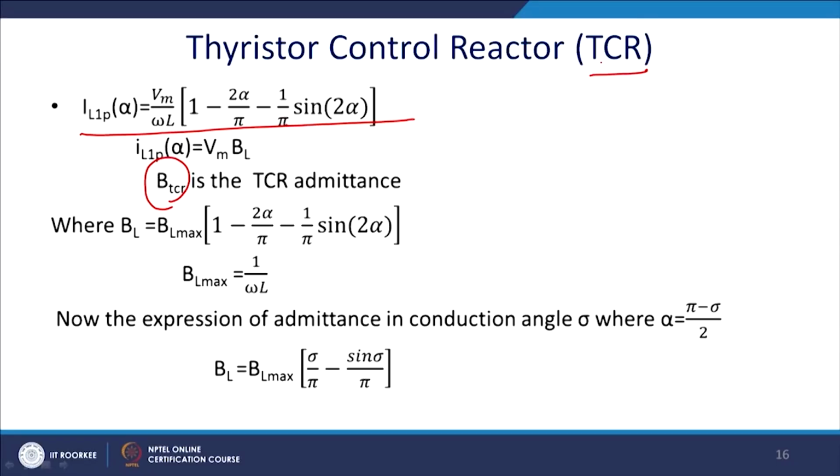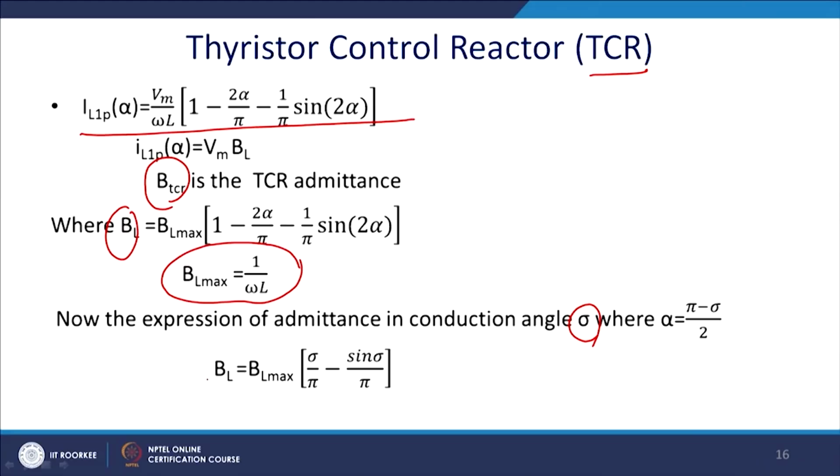So, we can see that it can also be expressed in terms of the firing angle alpha. B_L is given by B_L max (1 - 2 alpha by pi), where the maximum value will be given by omega into X_L, and otherwise this value will change.